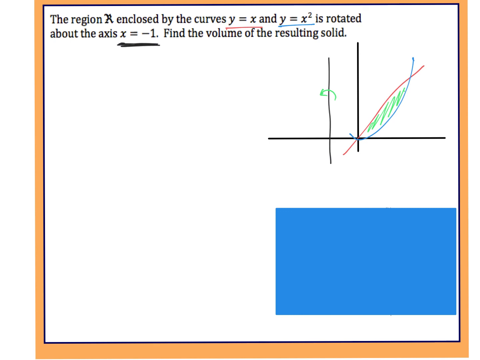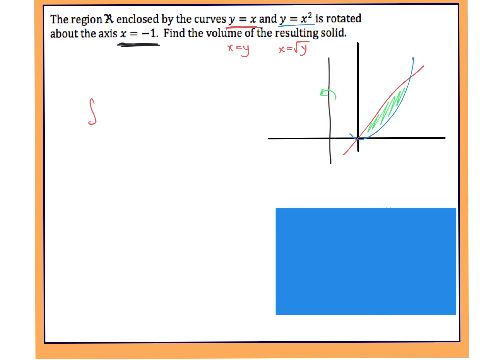So is that an x-axis or a y-axis? It's a y-axis. So what do these need to be in terms of? Y. So y equals x is really what? X equals y. Y equals x squared is really what? Square root y. All right, so let's see what my integral is from.